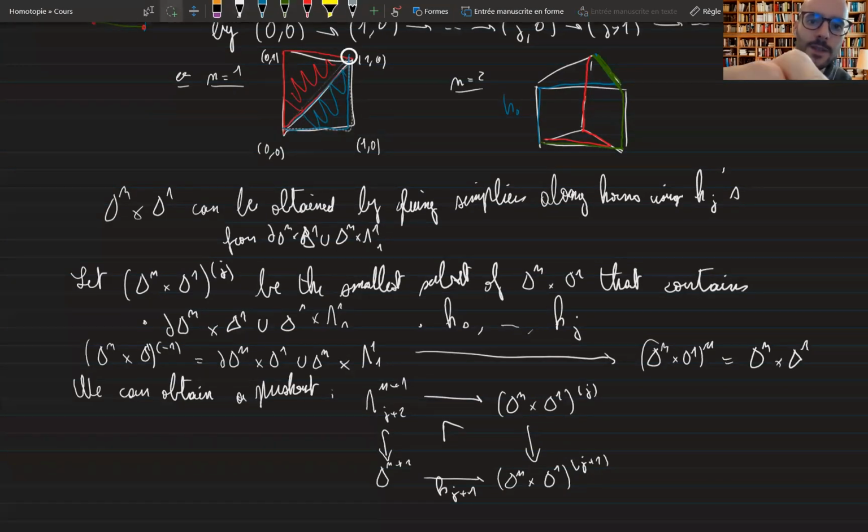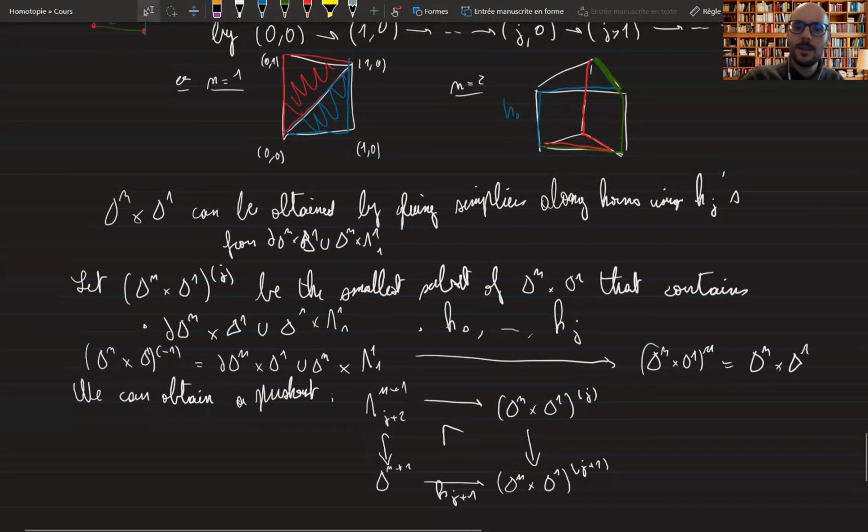First, you glue along this horn, the bottom one, and then you glue along this horn, the new simplex. And here you glue first along the blue simplex, then the green thing, then the red thing. And well, you can check the details. In the end, it all works out.